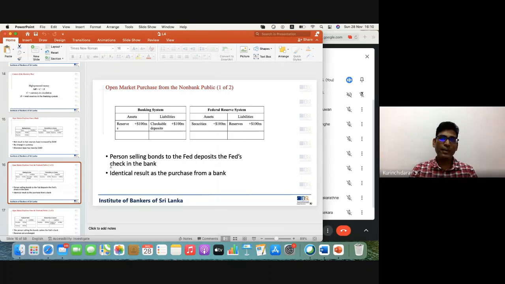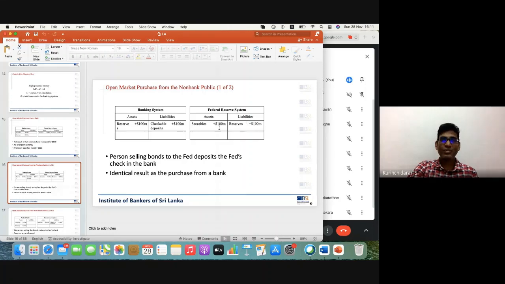When the public sells the securities, they get the money, right? So then checkable deposits will increase. But the securities will go to the central bank anyway. It goes through the bank system to the central bank. So again the central bank will get the securities back and credit the reserve account.